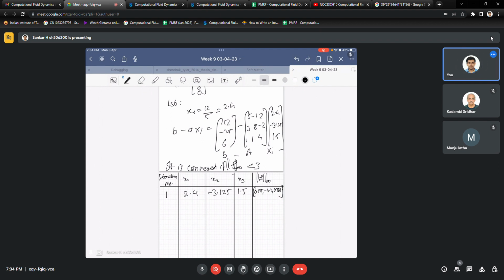We see that the infinite norm will correspond to the largest absolute value among the elements of that vector, which corresponds to 4.2. I've already done the calculation to save some time over here, but we can confirm this particular case where we get the infinite norm of b minus A xi to be 4.2.